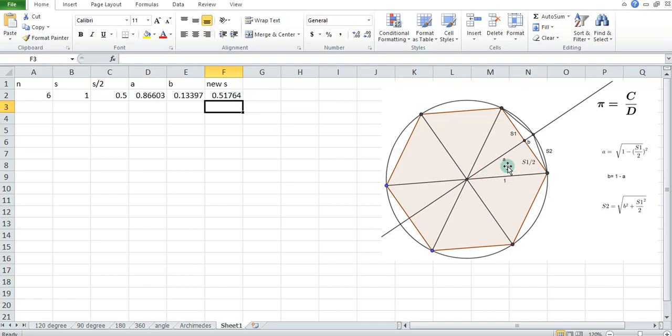So if we assume this 6-side polygon is the circle, then we can find the pi from that.